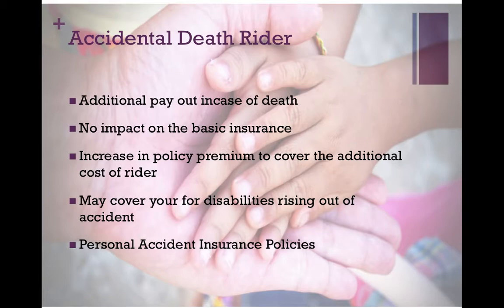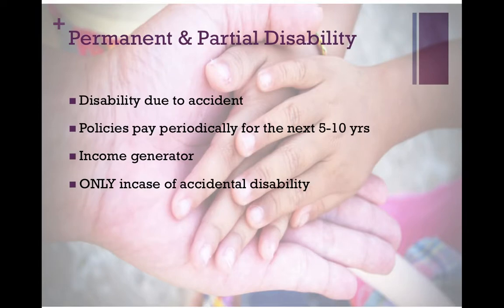Otherwise, for people who live a lifestyle which has a higher likelihood of suffering an accident, there's a personal accident insurance policy, which is completely different and covers a much wider range of possibilities out of an accident. Maybe that's a standalone policy you should be investing in. Check out our other video on personal accident insurance to understand it a little better and see if it will be applicable to you or not.